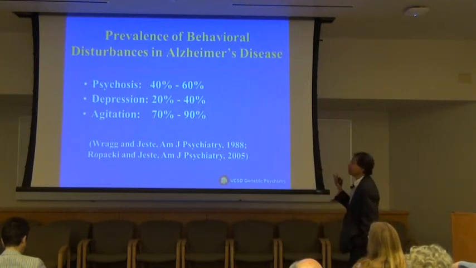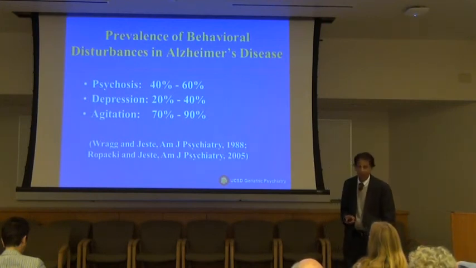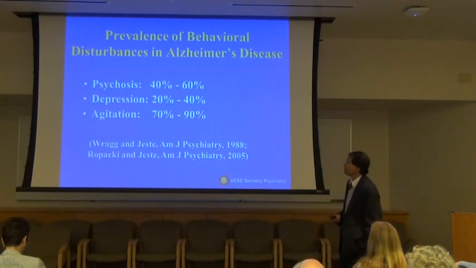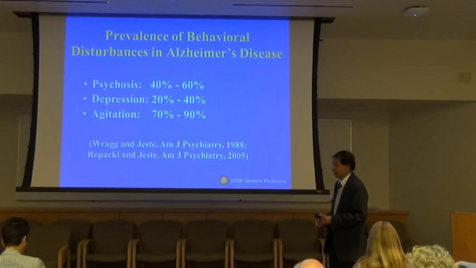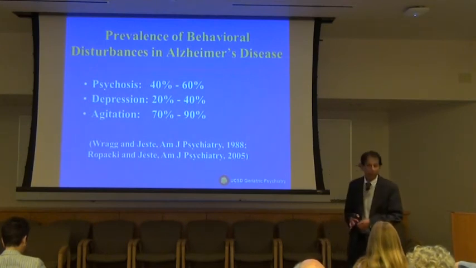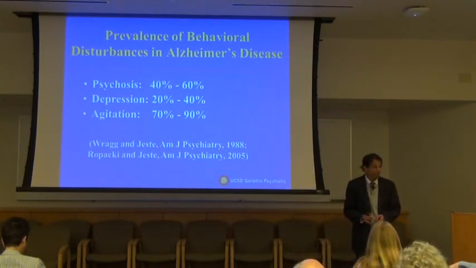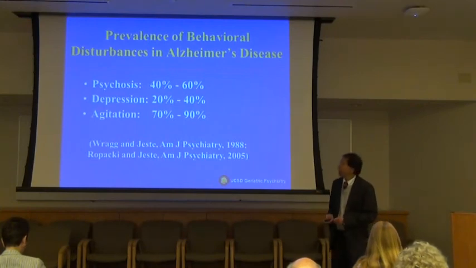And psychosis occurs in nearly half of the people with Alzheimer's, depression in at least a third, and agitation is almost universal in later stages of dementia. 90% of people with severe dementia will have severe agitation that requires treatment.